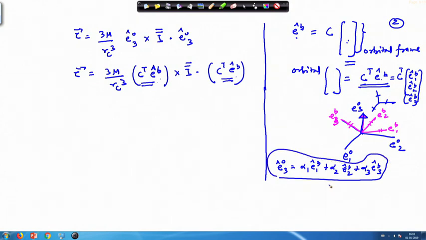Instead of doing this, we are writing it in this format. So we go from the orbital frame to the body frame, and from the body frame to the orbital frame, in which way can we approach. This is the thing which can be written.